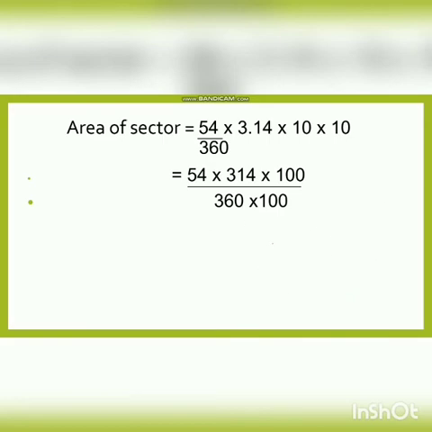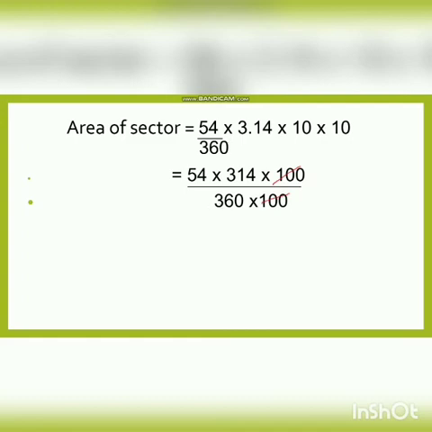So on the next step, 54 into 314 into 100 upon 360 into 100. 3.14 I take as 314 upon 100. So in this step the 100 and this 100 both get cancelled.